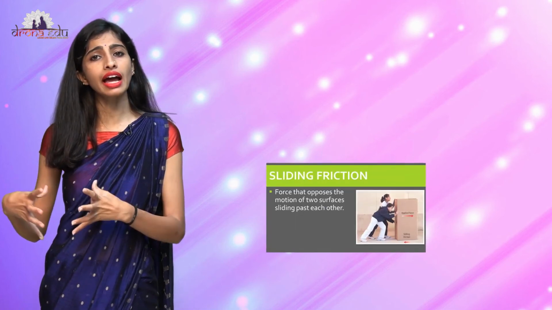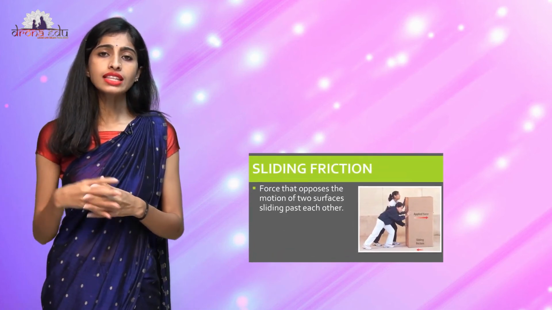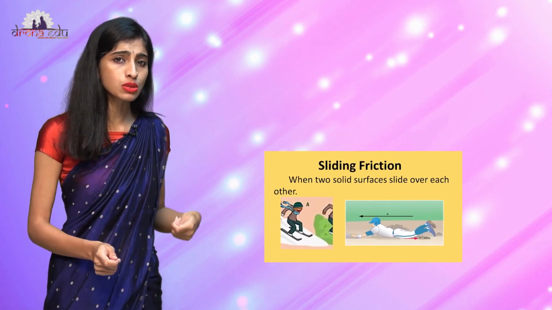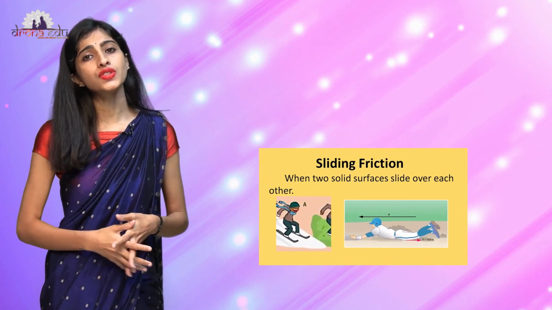Okay. On the other hand, we have something called sliding friction. Let's see what is sliding friction. The force applied, it is required to keep the object moving with the same speed is a measure of sliding friction.